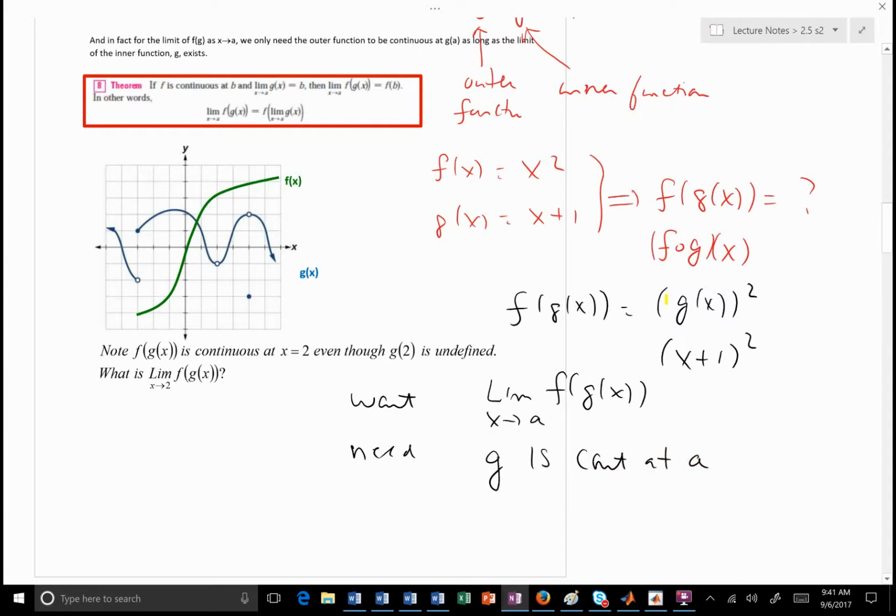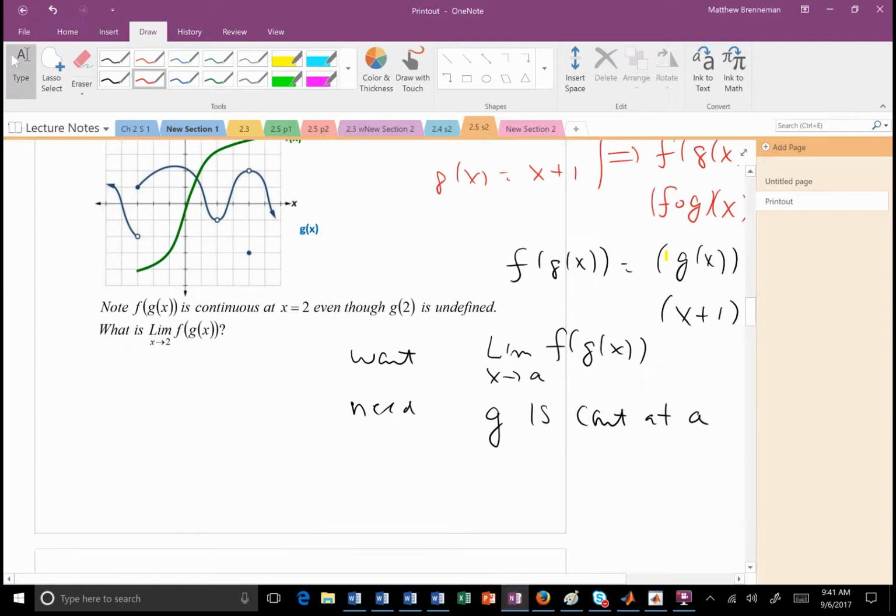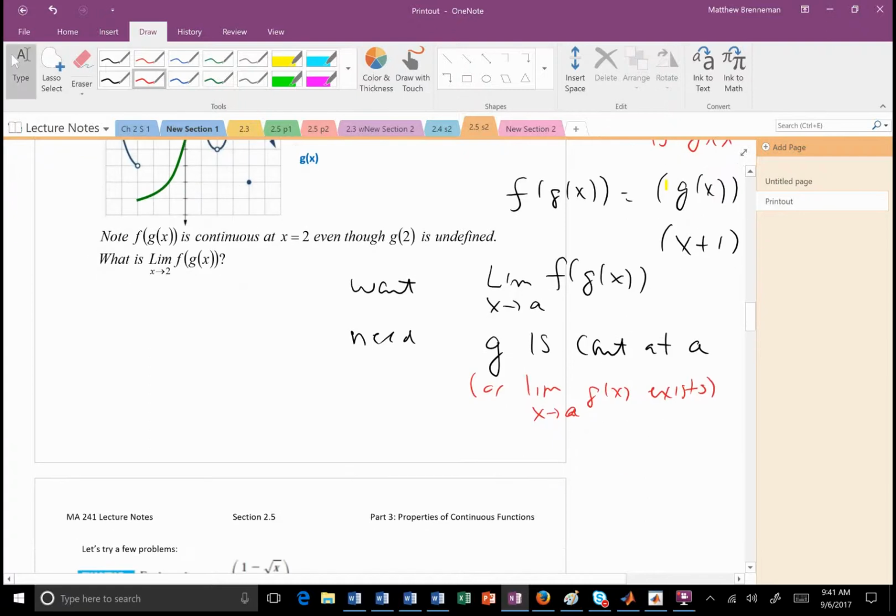Or if you want to use the weak version, but we're not going to use that much, that the limit of g of x exists as x approaches a. Technically you can relax this condition. And the second thing I need is f to be continuous at g of a.